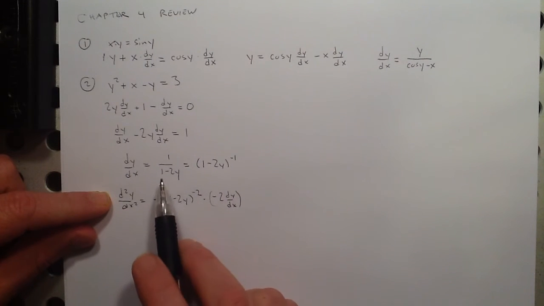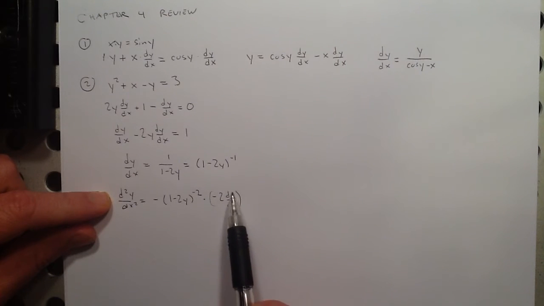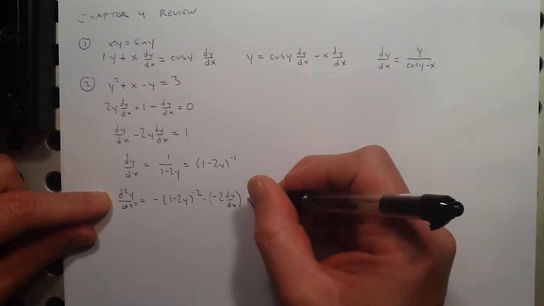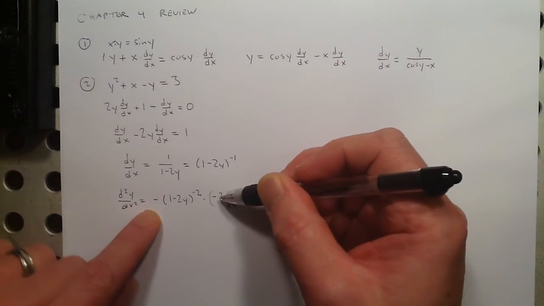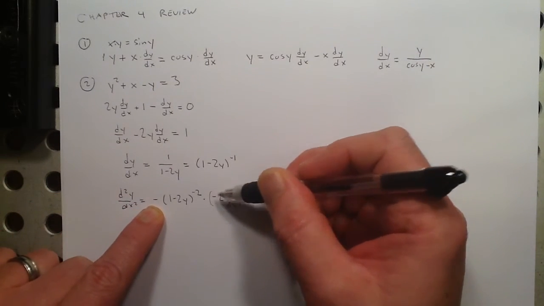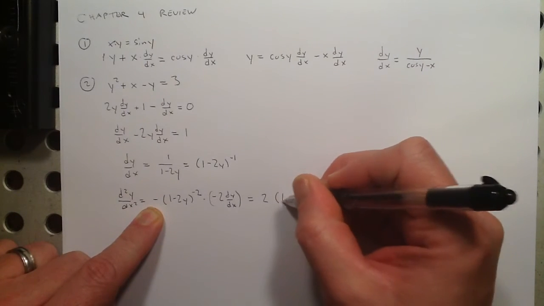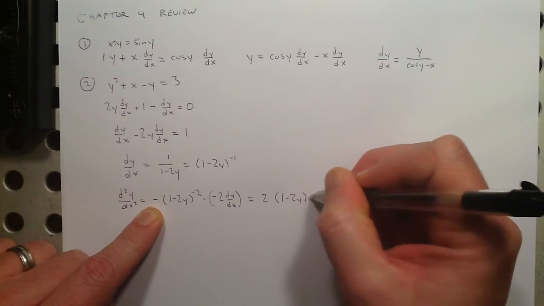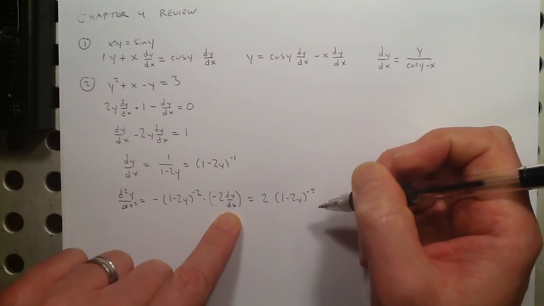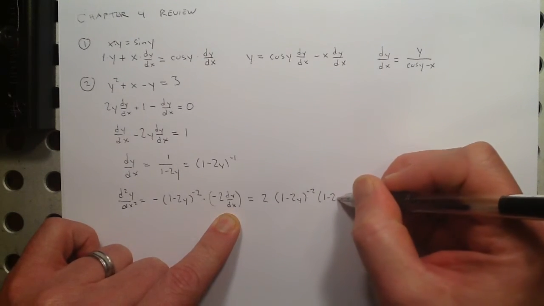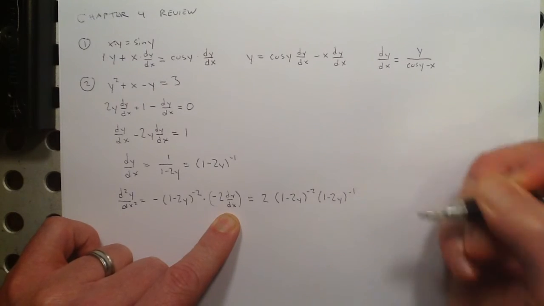Right? Now I'm not done yet because I'm not supposed to leave this. So I'm going to consolidate the minus 1 here and the minus 2 here. It gives me a positive 2. And then I have 1 minus 2y to the negative 2 times dy dx, which is 1 minus 2y to the negative 1.